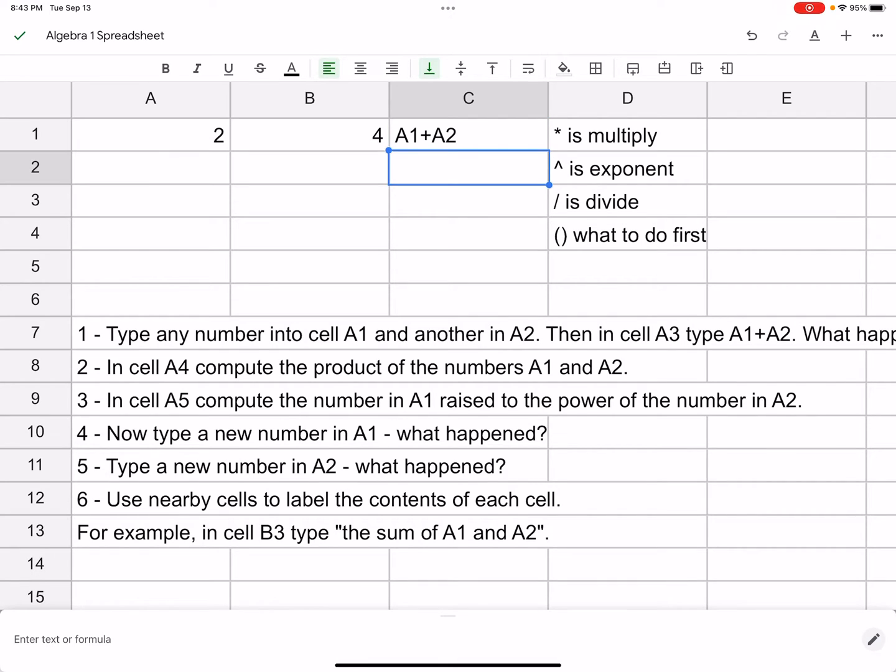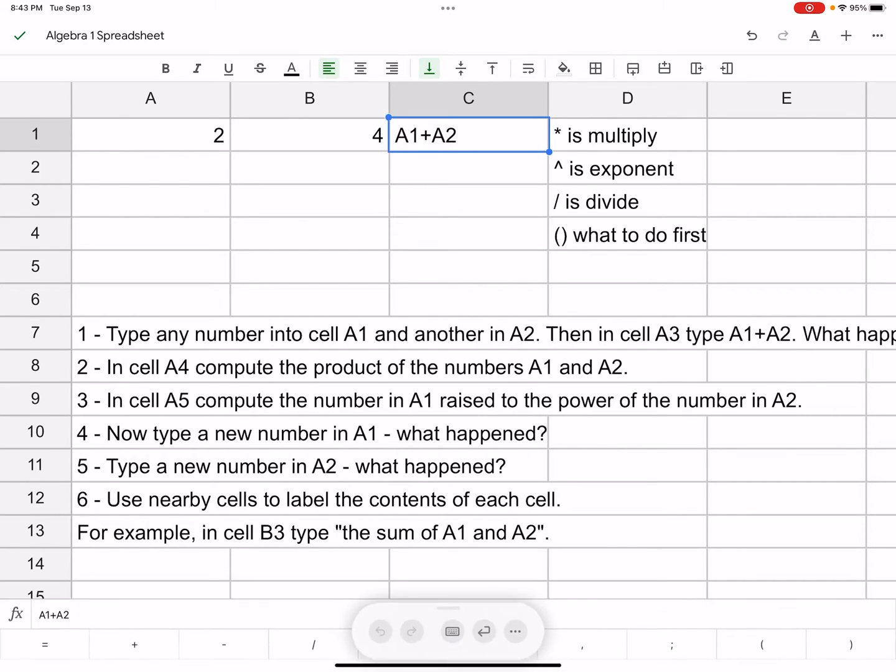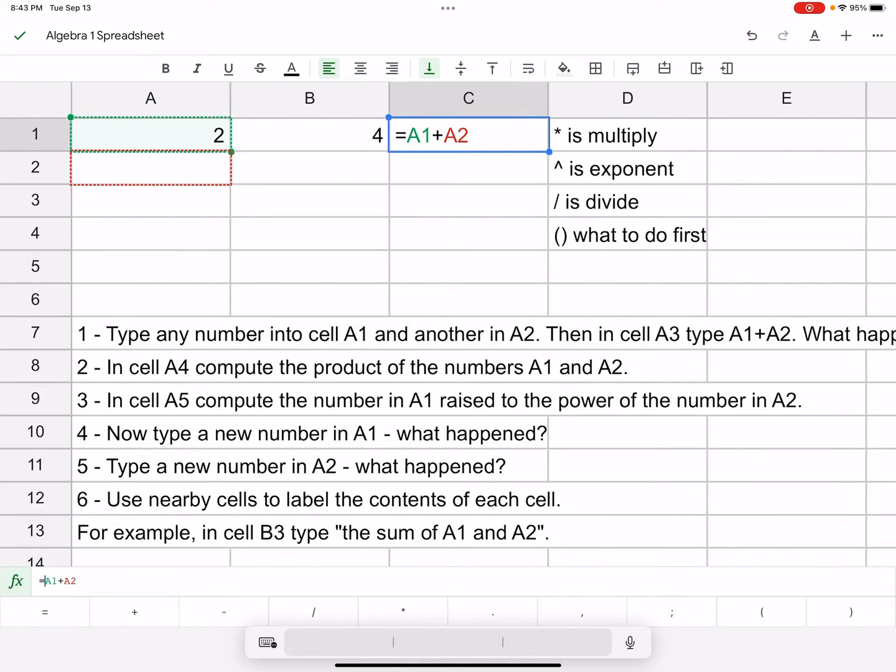Now, by doing that, nothing happens. Why doesn't anything happen? Well, it's because I forgot to tell it that I wanted to do something. I want to say that I want to find what it's equal to. So, what I'm going to do is go right in front of the A1 and put an equal sign. And once I do that, notice that A1 and A2 light up there.